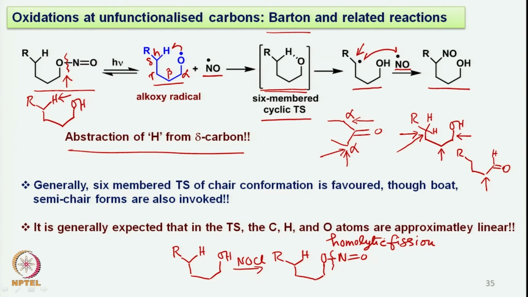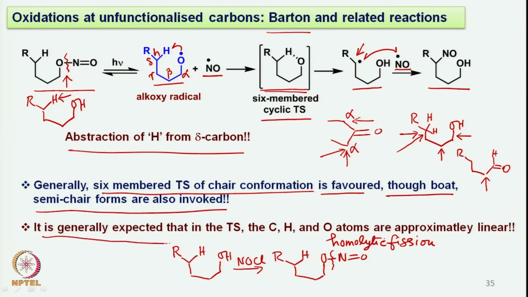Generally a 6 member transition state of chair conformation is favored, though boat or semi chair forms are also invoked. It is generally expected that in the transition state the carbon, hydrogen and oxygen atoms are approximately linear.